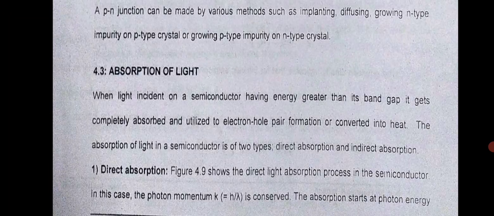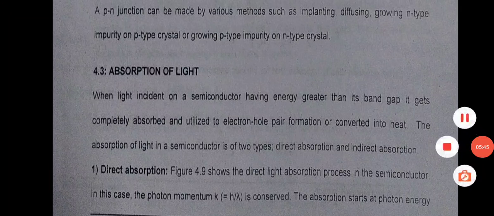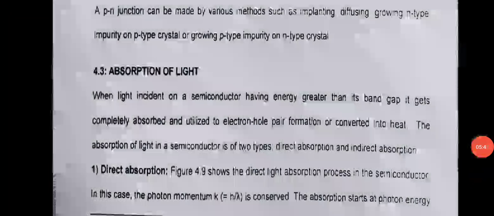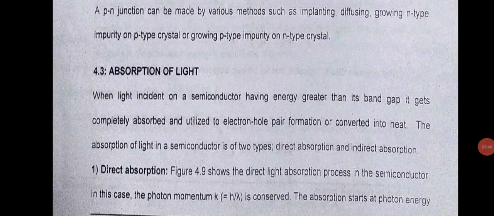The absorption of light in a semiconductor has two types of absorption phenomena. The first is direct absorption, and the second is indirect absorption. What is the basic difference between direct and indirect absorption?